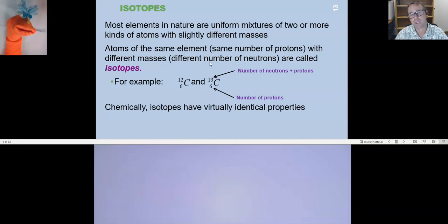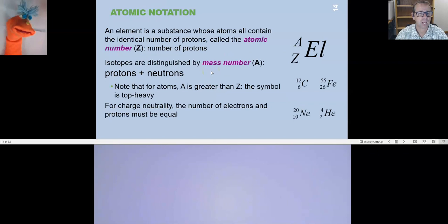They have different properties physically. They undergo nuclear reactions, but at different rates. But we're not going to talk about that for quite a while now. So, the atomic notation is with our elemental symbol, our atomic number, and then our mass number.